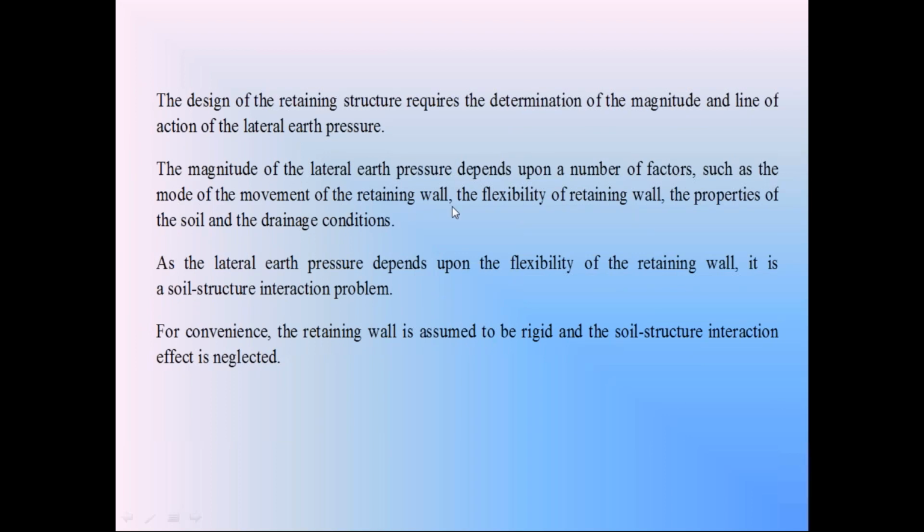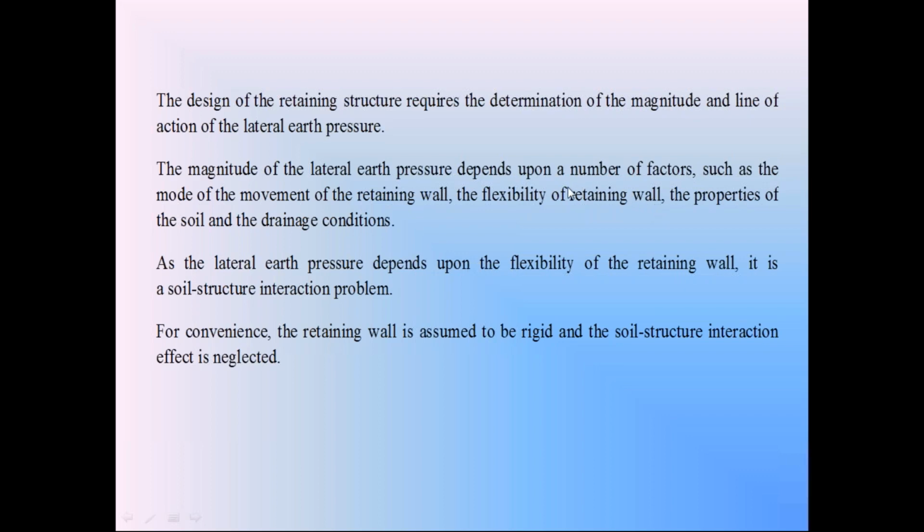The second factor is the flexibility of the retaining wall. That is the second factor affecting the magnitude of horizontal earth pressure on the retaining wall. But in most cases we assume the retaining wall is a rigid structure, so we can neglect this second factor, flexibility of the retaining wall.